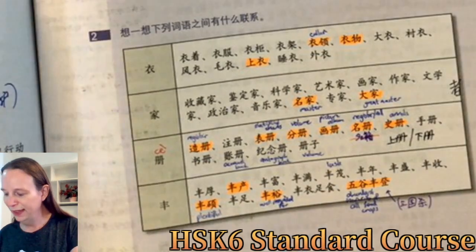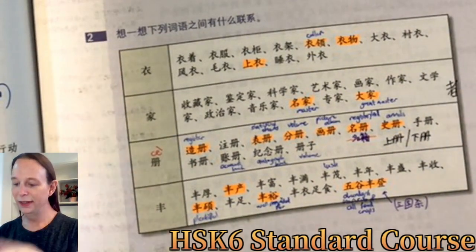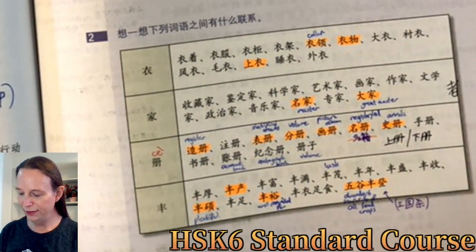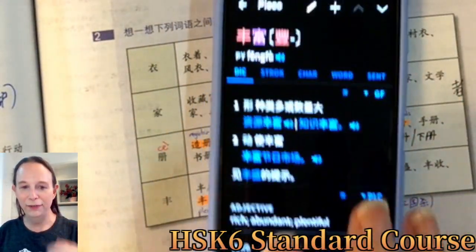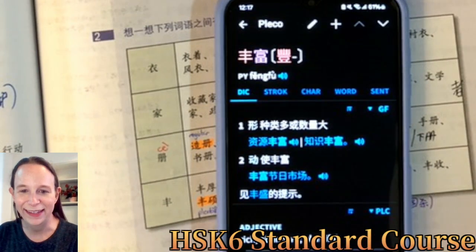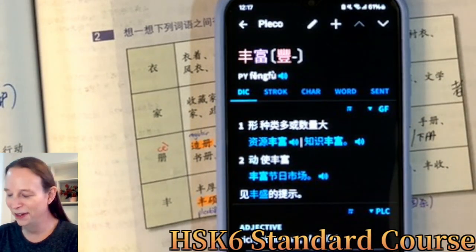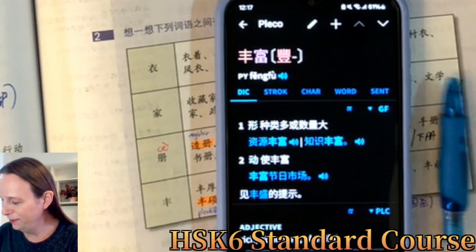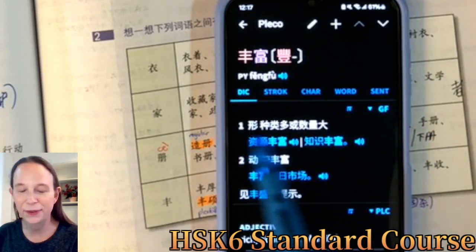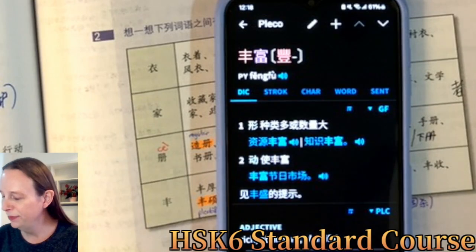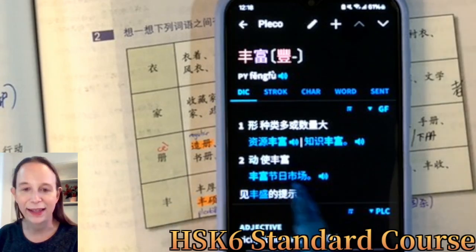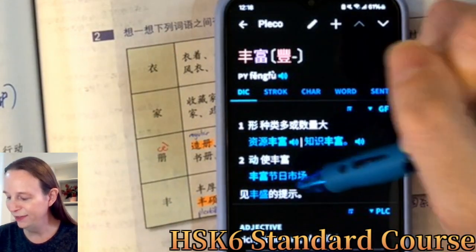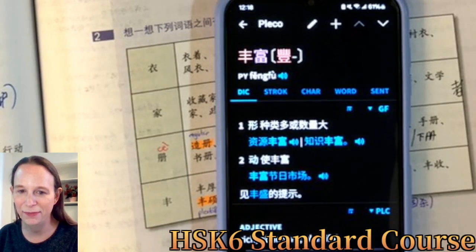丰富, yeah, 丰富 meaning plentiful. You often use it figuratively. 丰富, you often talk about plentiful experience. So, okay, 资源丰富, resources plentiful. 知识丰富, knowledge is plentiful. Yeah. 丰富, okay, so this is one of these adjectives that functions as a verb, meaning to cause it to become plentiful.